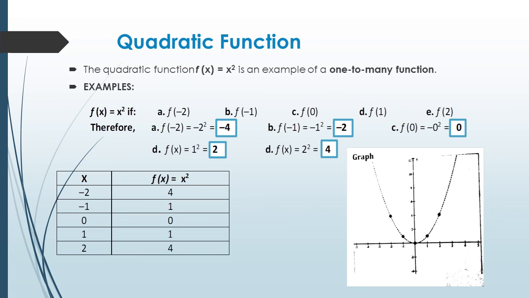Basta po, kapag word of quadratic, kailangan po naka-curve ang inyong graph. At syempre, kayo po ang gagawa nun. So, next, lahat na makikita yung answer sa letter B, C, D, and E, yun po yung magiging value ng ating y-axis. At yun po yung +4, +1, 0, +1, and +4.